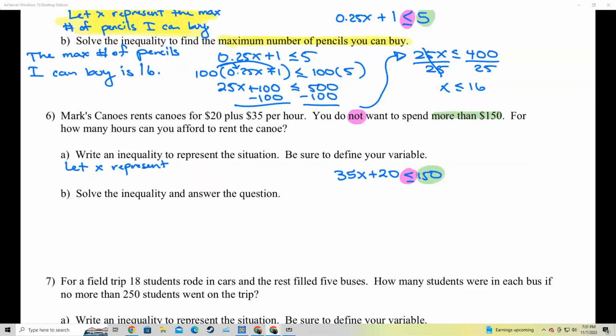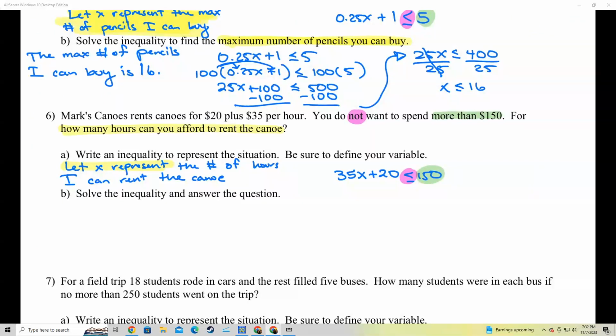I am looking for how many hours can I rent the canoe? Let x represent the number of hours I can rent the canoe. Misspelled canoe. There you go.